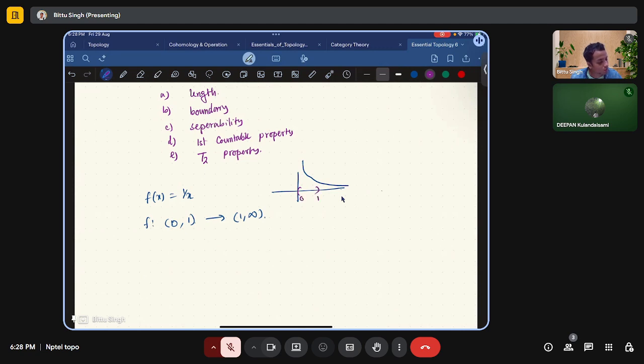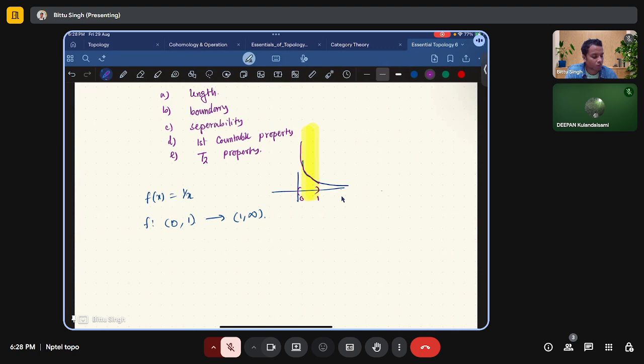So its image will be like this, from 1 to infinity, right? This 1 to infinity.